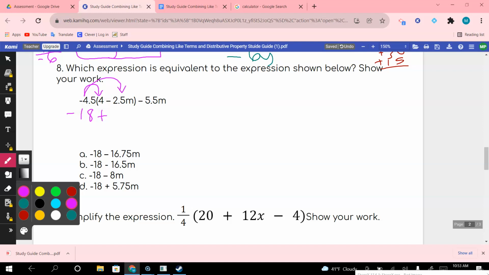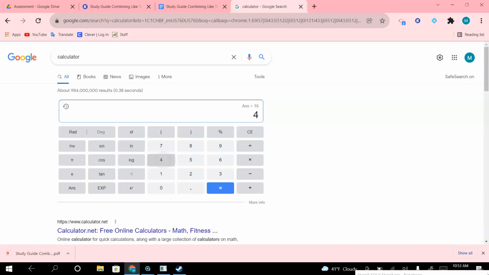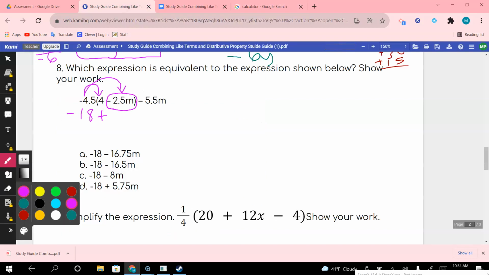And then negative 4.5 times a negative 2.5. I'm going to have a positive because there's two negatives that I'm multiplying. So this is a negative. Don't forget that sign in front. 4.5 times 2.5 is 11.25 m.